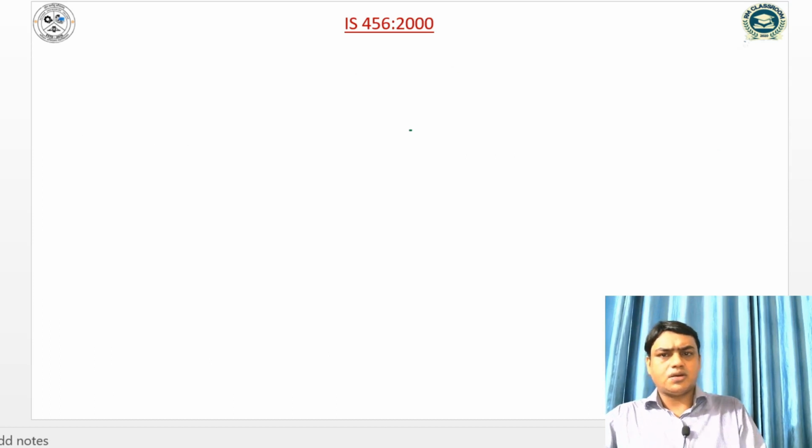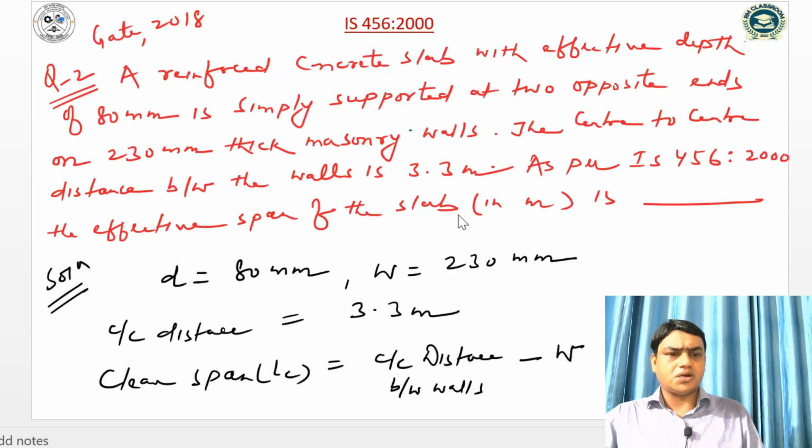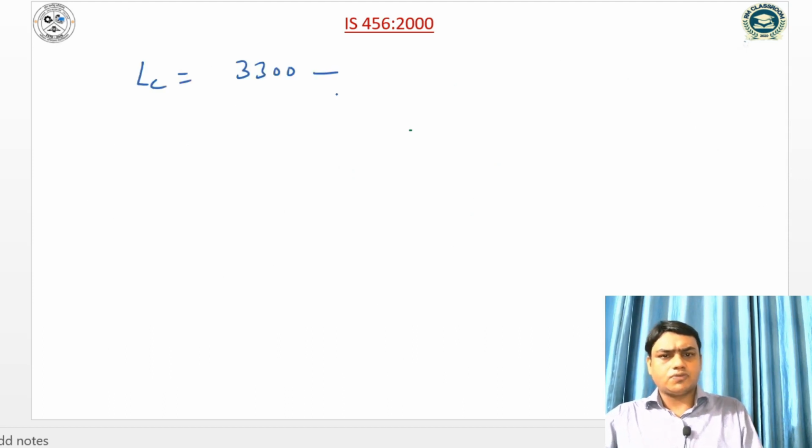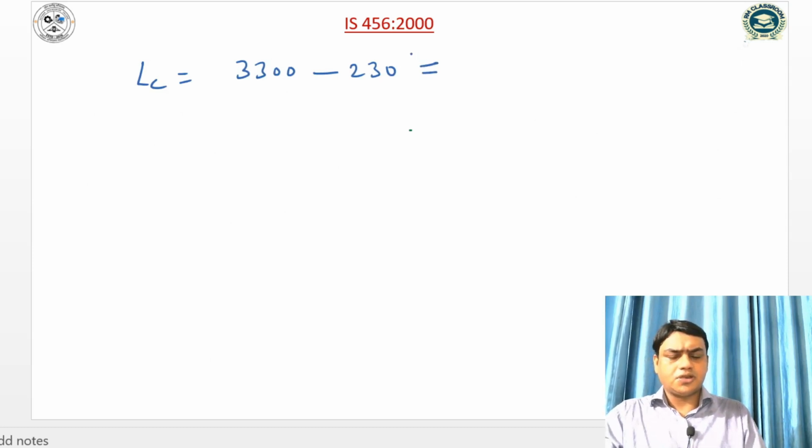So the clear span is 3300 minus the width of the support, 230. So it will be 3300 minus 230, which is 3070 mm.